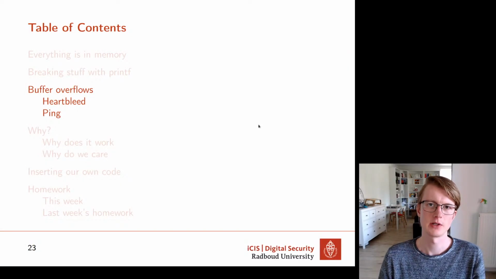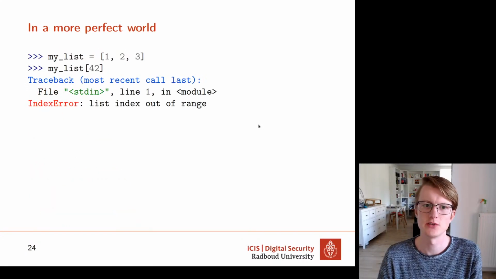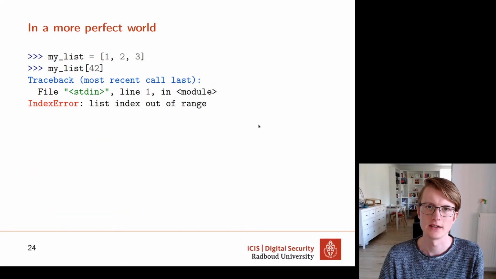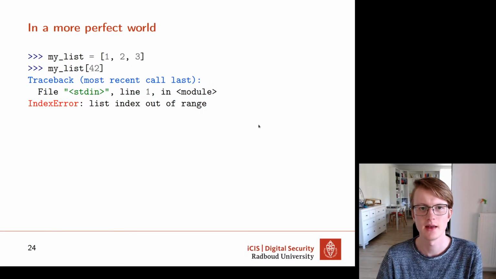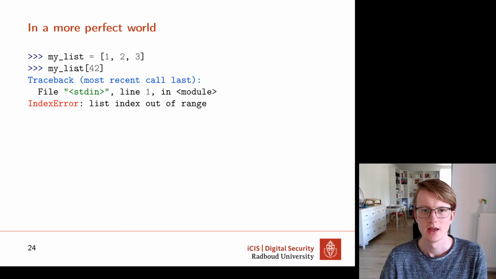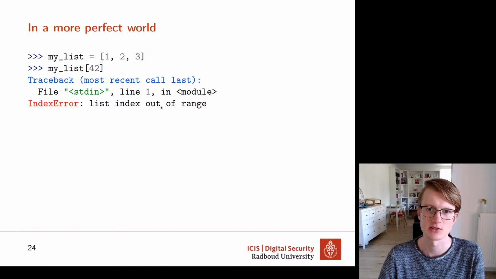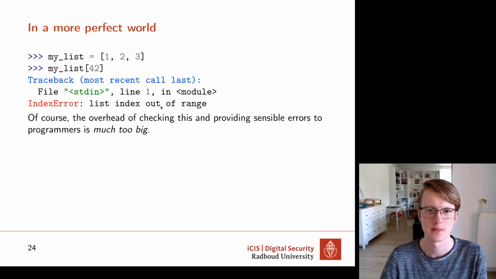Buffer overflows are something we've mentioned a lot and briefly gone into, and in a more perfect world, they would of course not exist. If you run this in Python, we have the list 1, 2, 3, and you then try to get a 40th element of it, you'll get a nice error telling you exactly that you are trying to access your list at an index that is not part of the list.